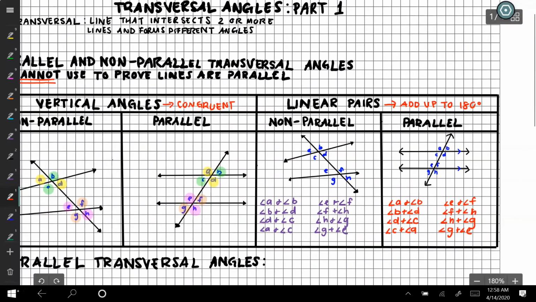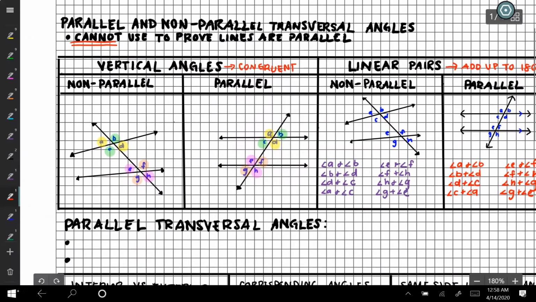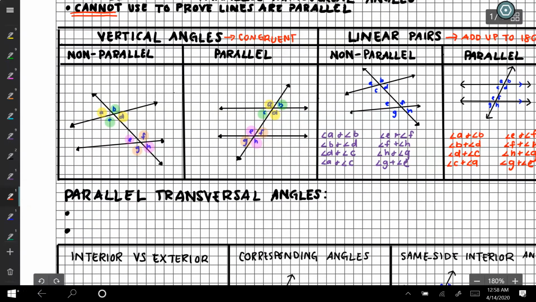Alright, so now we're going to go into our parallel transversal angles. And these angles are only formed when parallel lines are intersected, and they can prove lines to be parallel.